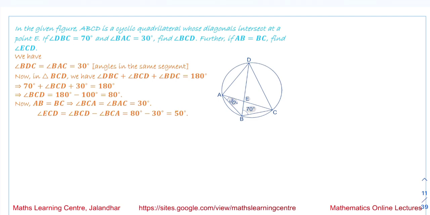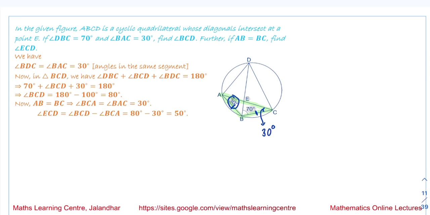Further, it is given that AB and BC are equal in length. So in triangle ABC, these two lengths are equal, then if this angle is 30 degrees, this angle is also 30 degrees.